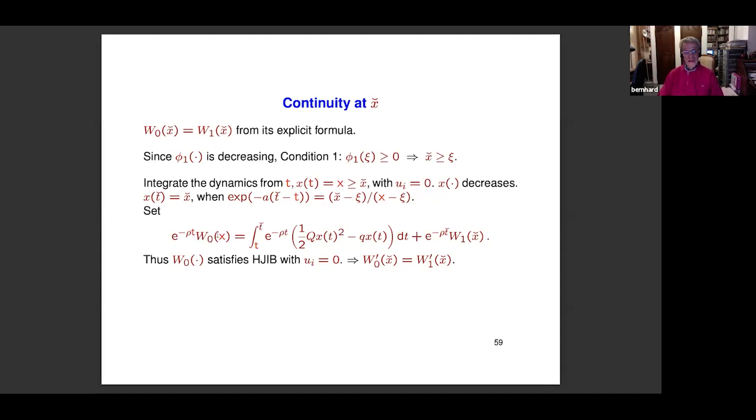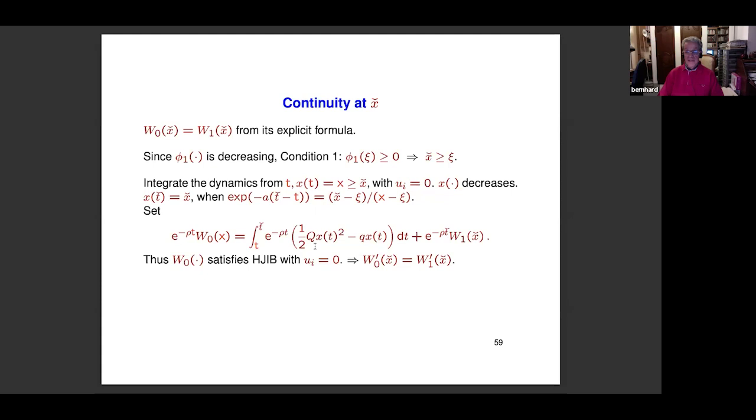Then I define W0 this way. I take e to the minus rho t W0 of x, the initial x, as the integral from t to t stretch of the integrand taken when u equals 0. So the terms in S, R disappear.